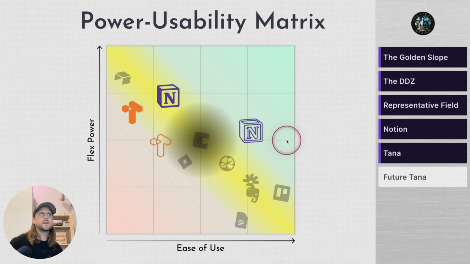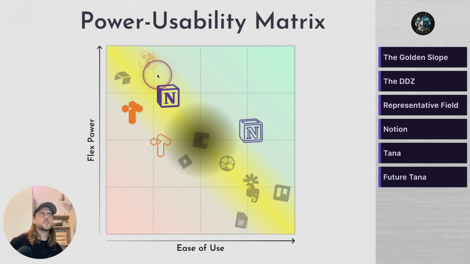But where I think Tana is going, I think future Tana is going to be up here. More powerful than anything else. I think that because of that power, Tana, the base product, is going to struggle to be more usable than Notion.